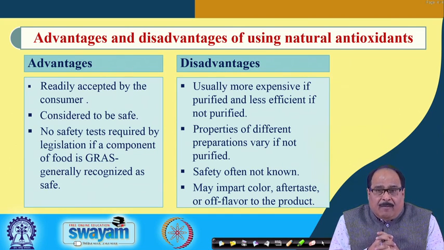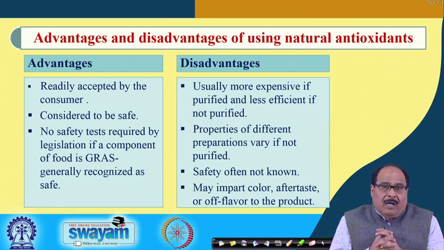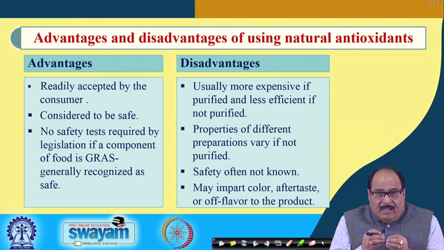So that becomes another major limitation of the use of the unpurified form of natural antioxidant, or the plant extract, directly in the food material as a source of antioxidant.